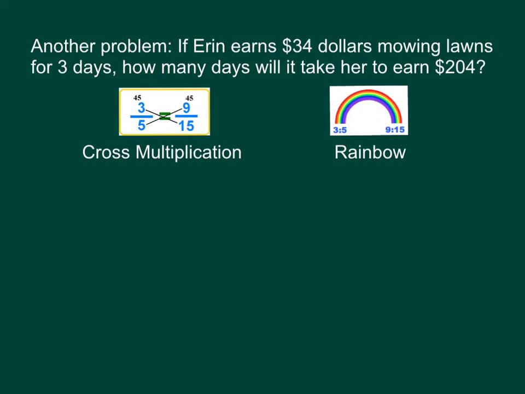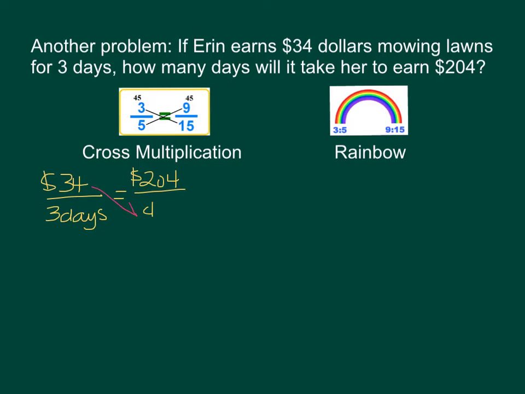Let's look at another problem and see both ways to solve it. If Erin earns $34 mowing lawns for 3 days, how many days will it take her to earn $204? If we set this up for cross multiplication, we'll have $34 in 3 days, and we will set this proportion equal to $204 in we don't know how many days.